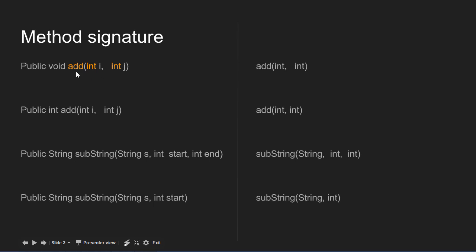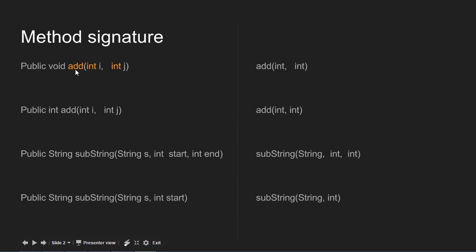So here we can see that the method name is part of its signature. The input argument types, that is int and int, are part of the method signature. The access modifier public is not part of the method signature. The return type is not part of the method signature. Even the variable names are not part of the method signature.